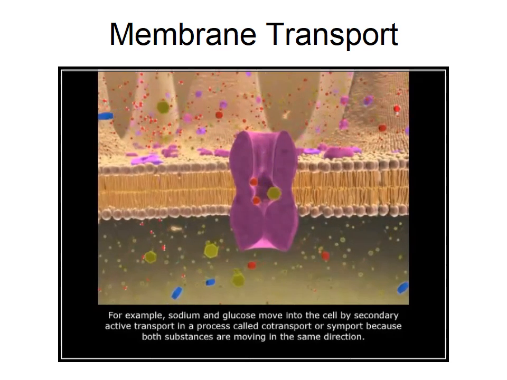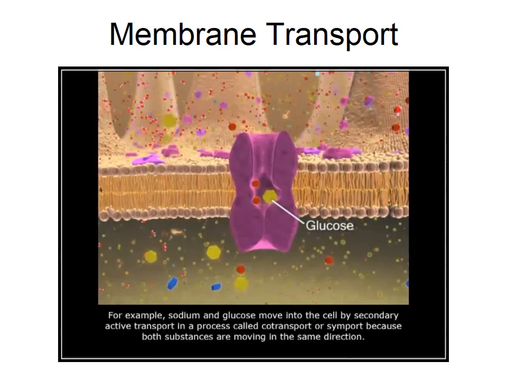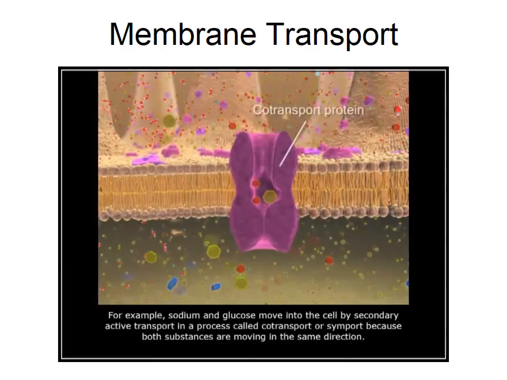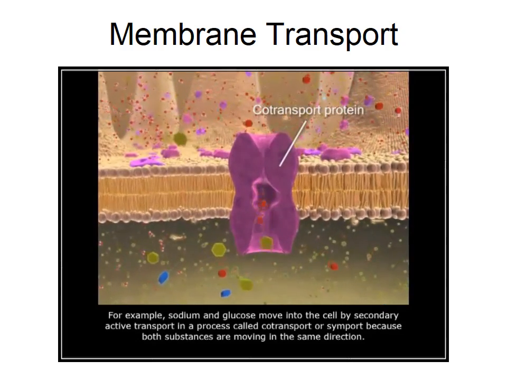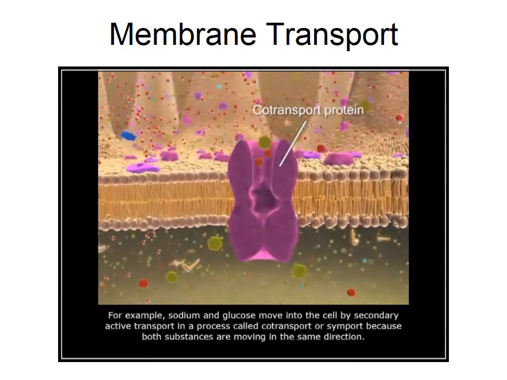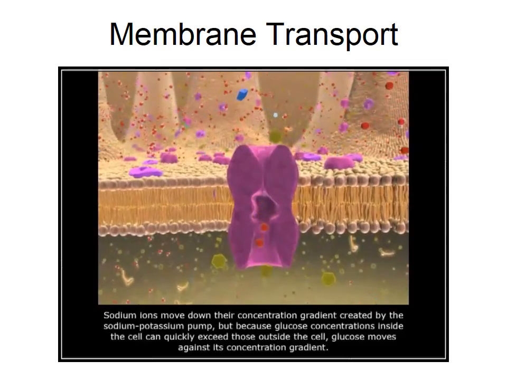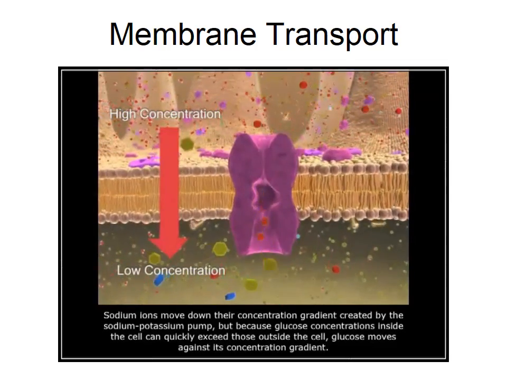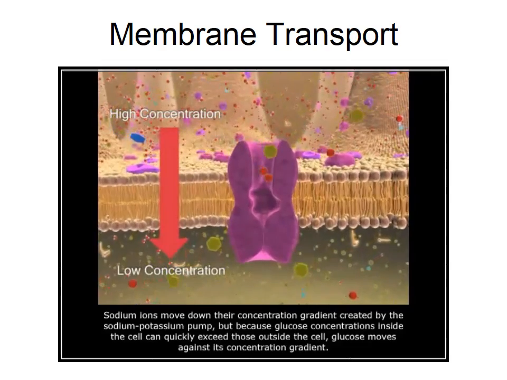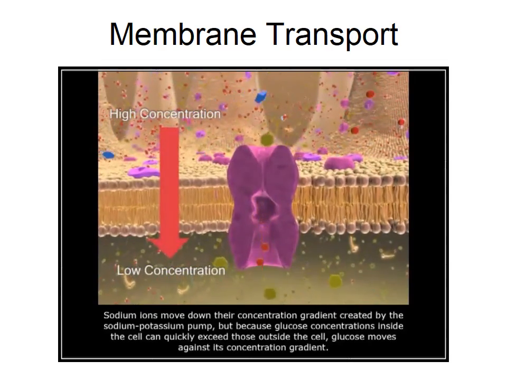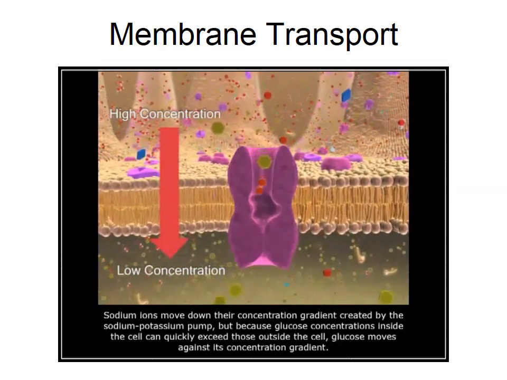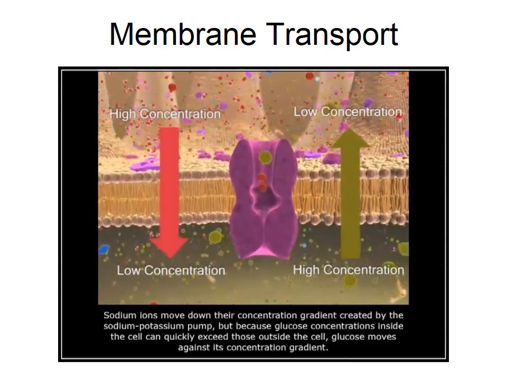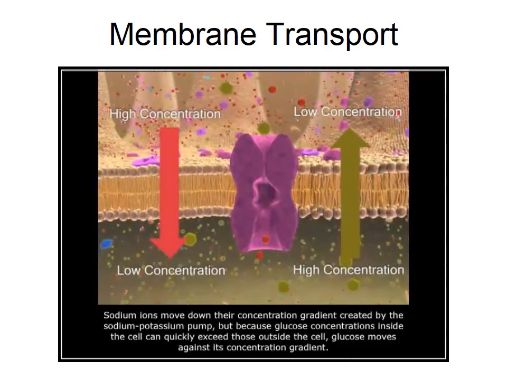For example, sodium and glucose move into the cell by secondary active transport in a process called cotransport or symport, because both substances are moving in the same direction. Sodium ions move down their concentration gradient created by the sodium-potassium pump, but because glucose concentrations inside the cell can quickly exceed those outside the cell, glucose moves against its concentration gradient.